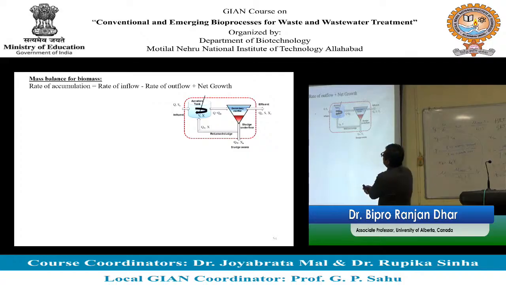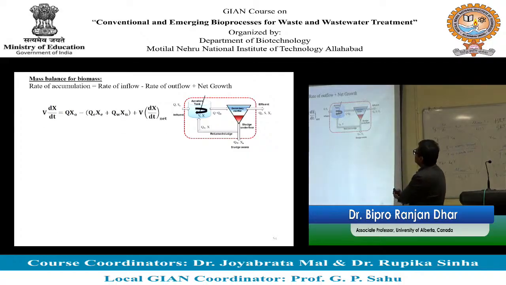Biomass accumulation in the system, which we can calculate as biomass change over time, dX by dt, multiplied by the volume, and rate of inflow of biomass, Q is our influent flow rate, right?